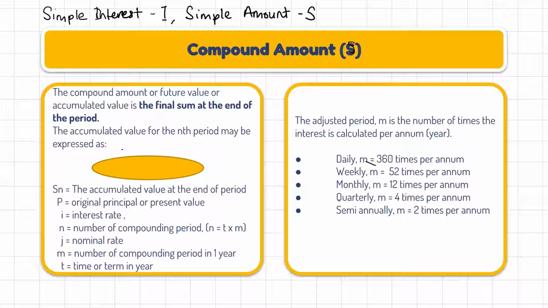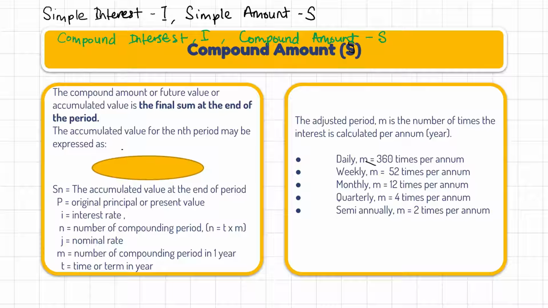In compound, we have compound interest denoted by capital letter I, and we also have compound amount, which is denoted by capital letter S.